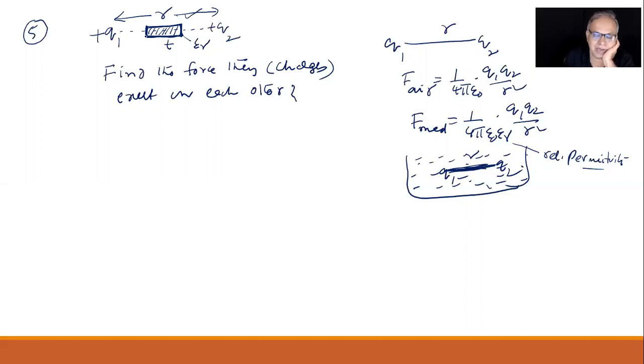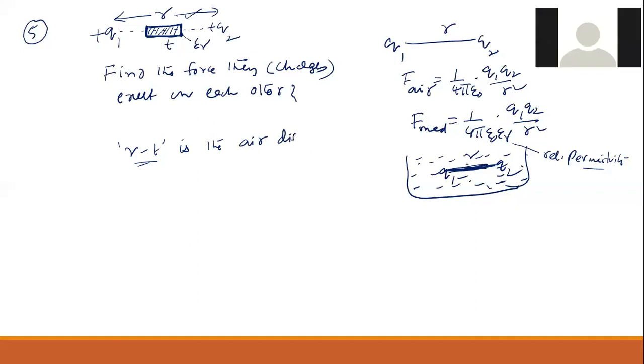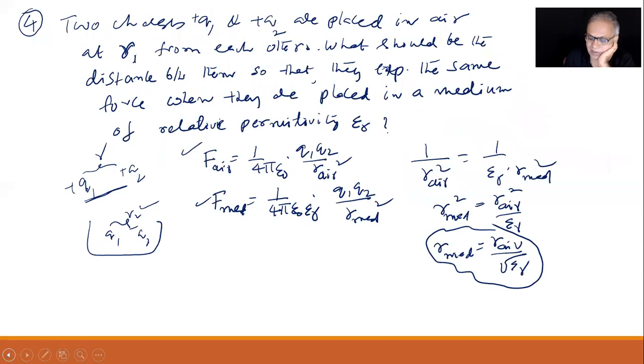No, R minus T is all right. R minus T is the air distance, agreed. Now, this T should be converted to air distance. How? In the previous problem we did, for the forces to be the same, R medium equals R air by root of epsilon R. That's the reason I want to give the sum together, but I split that into two parts.